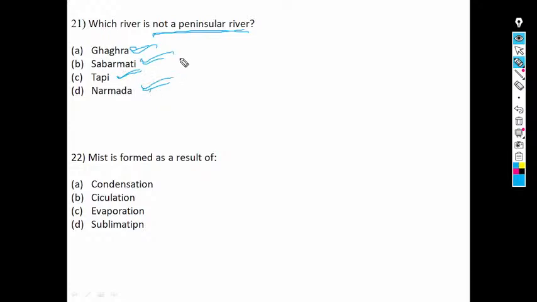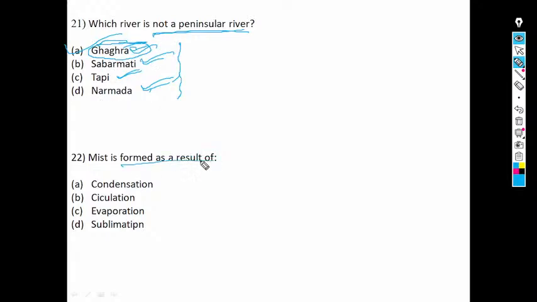Which one is not a peninsular river? It is Ghagra. Ghagra is the right bank tributary of the Ganga particularly.